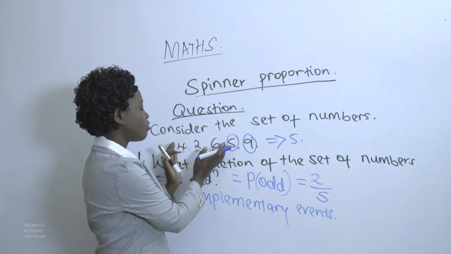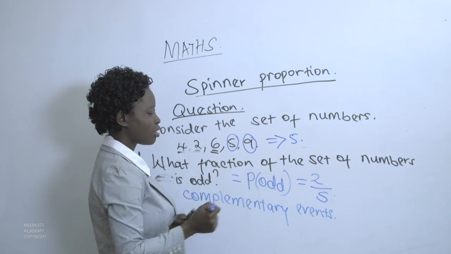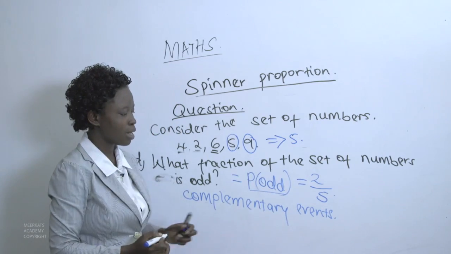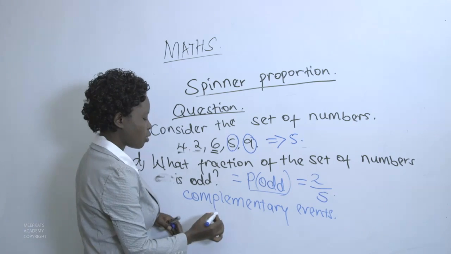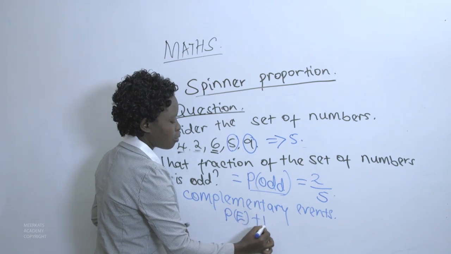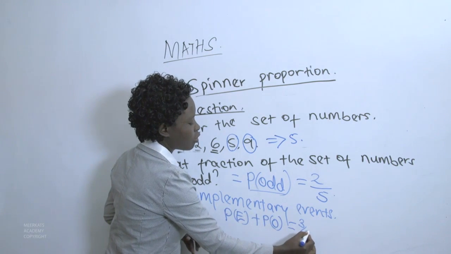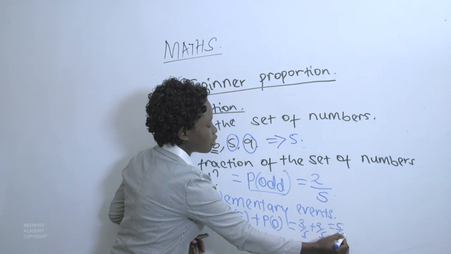So we are having even numbers, then the odd numbers were left out. So when we take the probability of the odd number, we add on the probability we had obtained for the even number. So the probability of even plus the probability of odd, we are having 3 over 5 plus 2 over 5. Then the answer is simply 5 over 5.